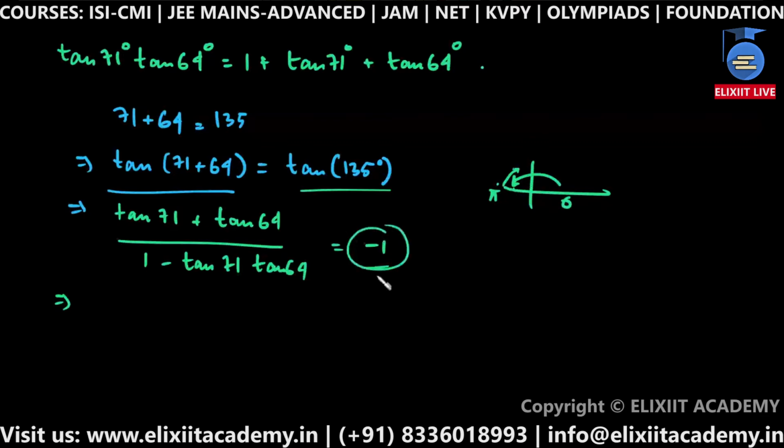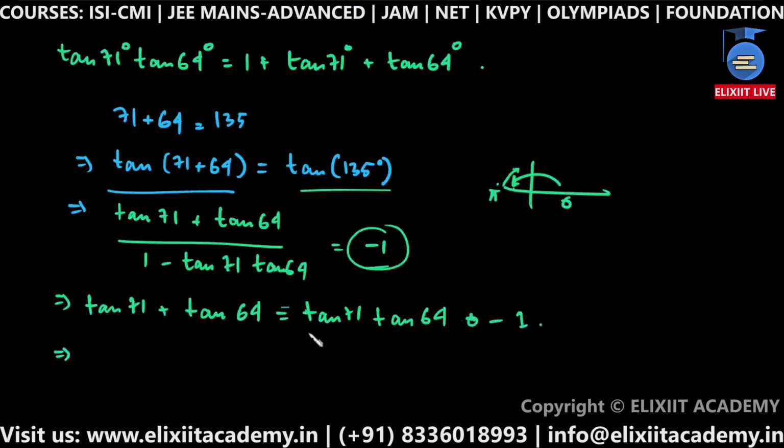Now on the right hand side, you have minus 1. You are asked to prove this identity. How will you prove this? We have tan 71 plus tan 64 on the numerator. Now cross multiply, that's all. So this becomes tan 71 into tan 64, and here you have minus 1.